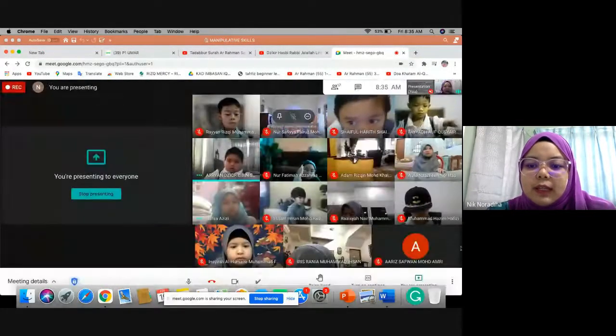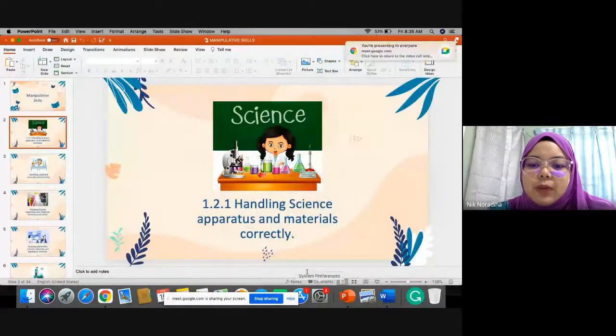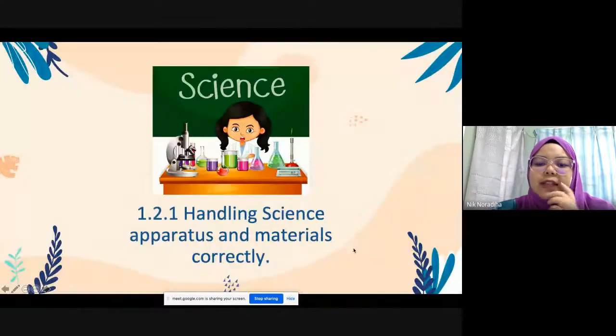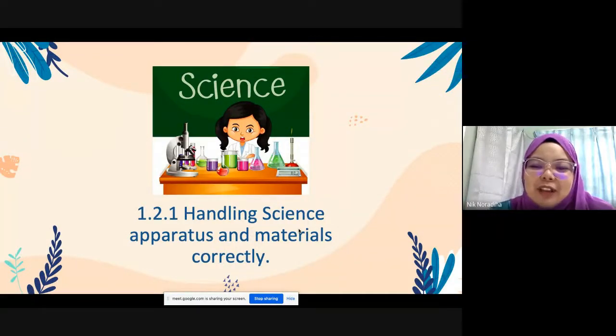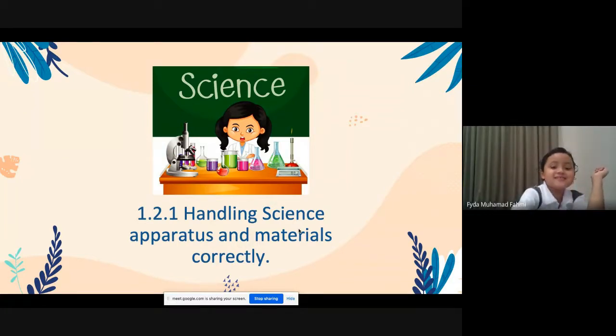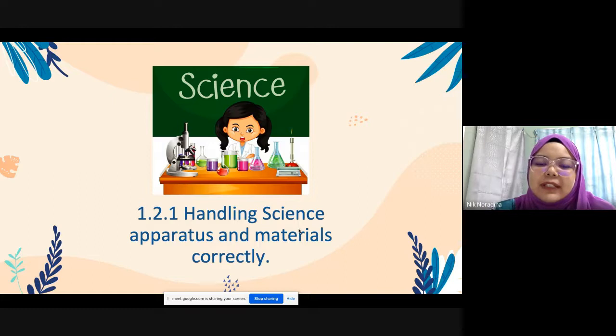Okay, Zikri, can Zikri give teacher one example of science apparatus? Do you still remember? Beaker, good job. Thank you. Okay, Hafsa, do you still remember the other science apparatus that we have?